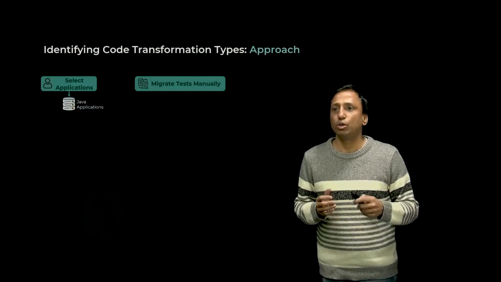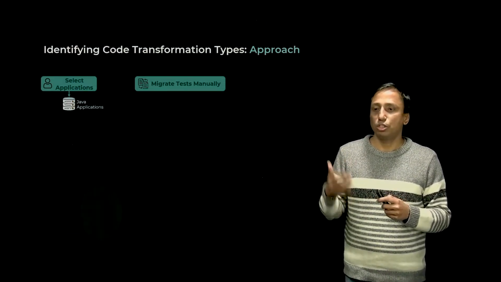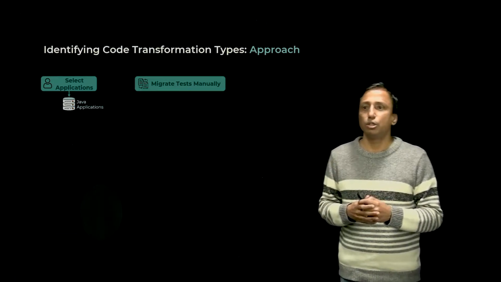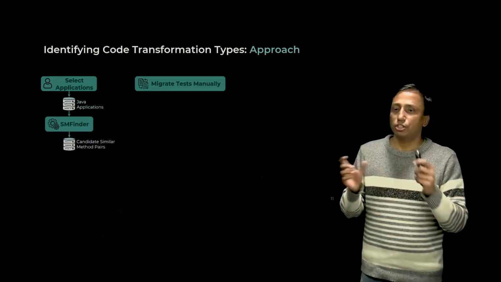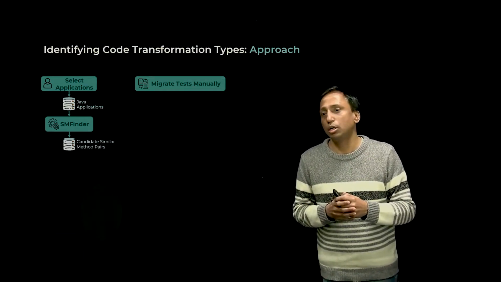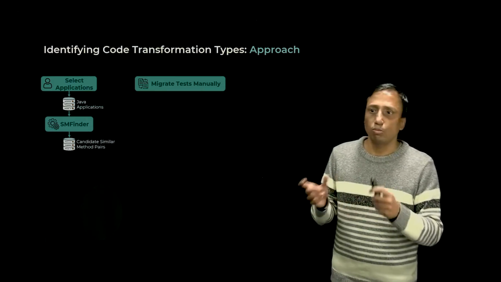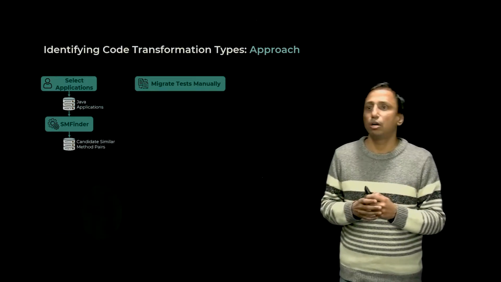For that, we selected popular Java applications used in previous test recommendation and reuse studies. Then we developed a tool to find semantically similar methods across these Java applications. This tool basically uses a word2vec model and Levenshtein distance to find semantically similar methods.